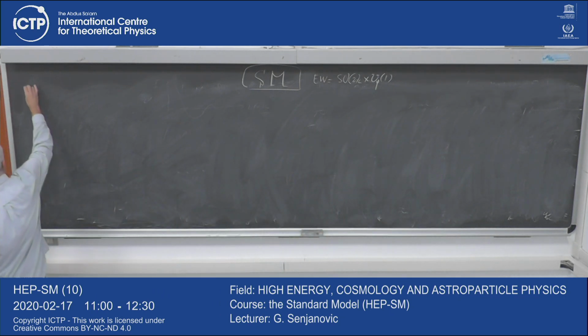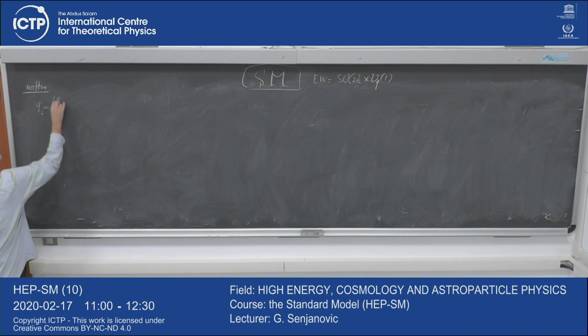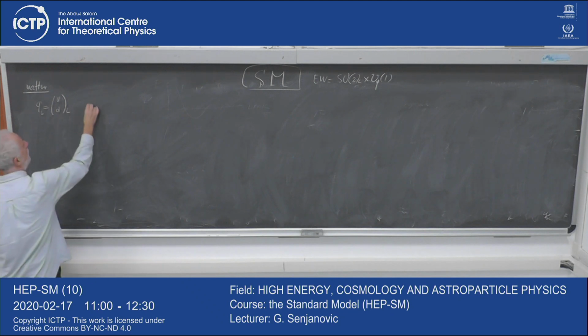Of course, we know who the protagonists are. We have to specify the matter, which is quarks and leptons. And the left-handed quarks, we said, are doublets, and the right-handed ones are singlets.